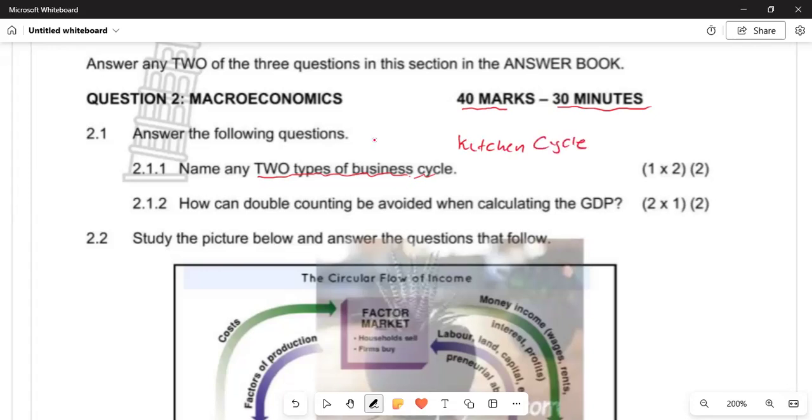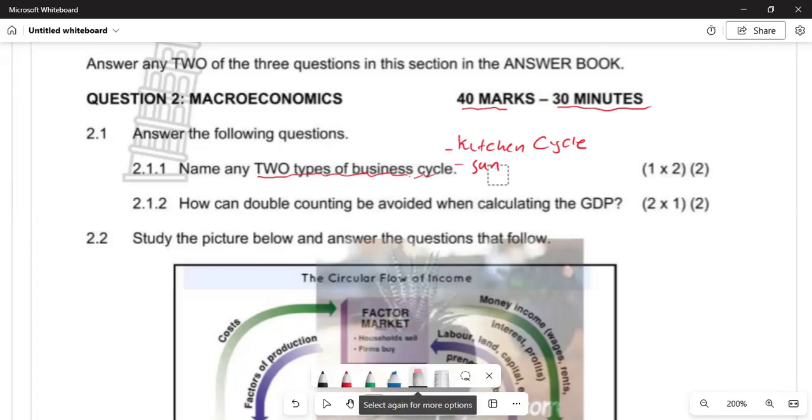You can also talk about, sorry, let me write it correctly, the Juglar cycle.